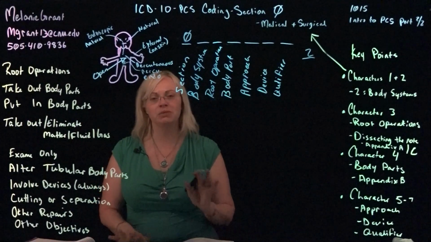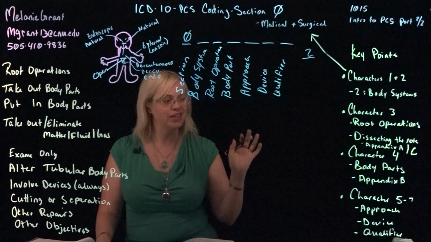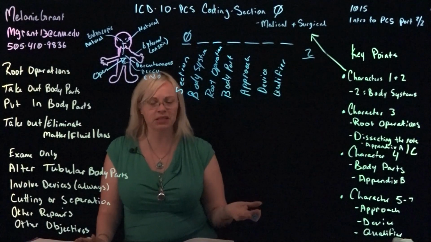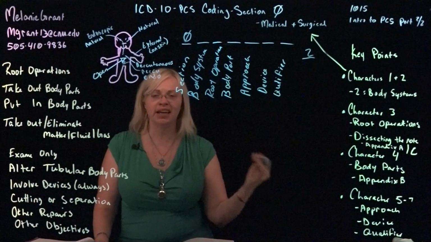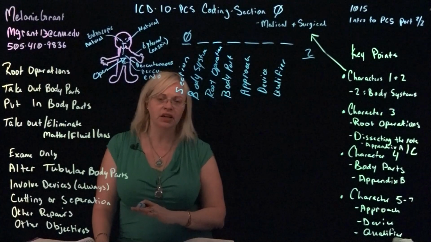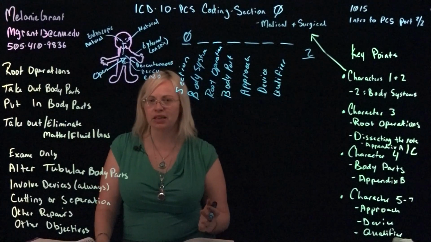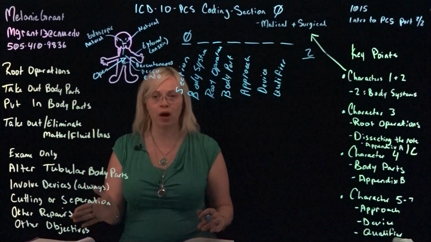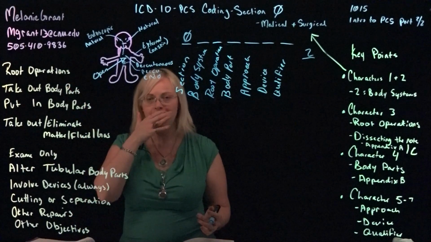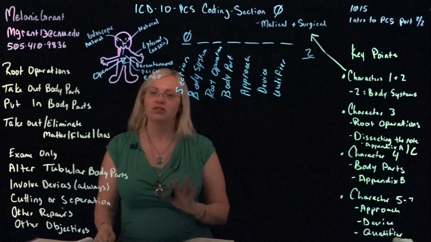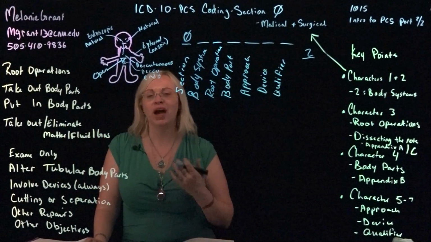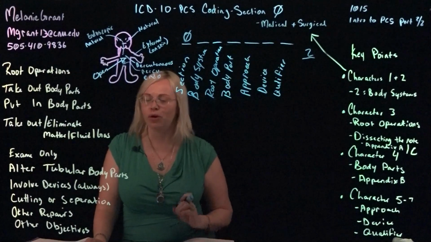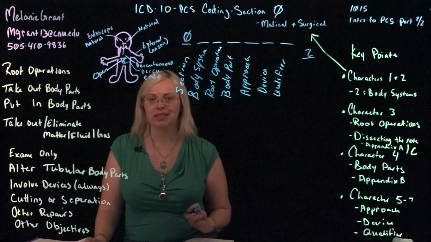For this reason, it's important for you as a coder to dissect the op note to find information about what is being done, how did we do it, did we take out all or some of the body, did we replace it with anything, did we use a device? These are all questions that you need to answer when you're trying to determine the proper group and root operation. Make sure you look at some of the videos this week. We have one that's really good on how to dissect an op note and what you're looking for that applies these exact same concepts.